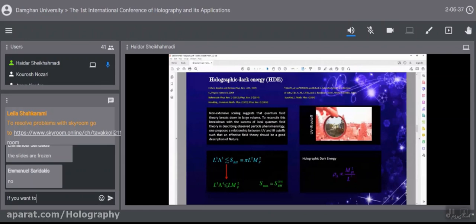For an effective field theory, according to Gerard 't Hooft, in a box of size L with UV cutoff lambda, the entropy scales extensively, as L cubed lambda cubed.